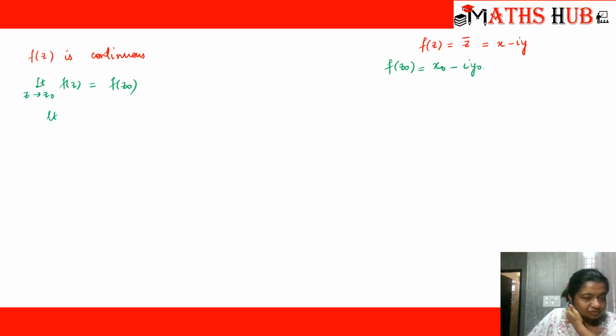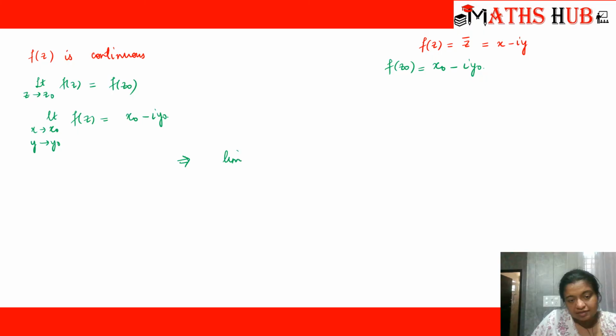So limit z approaches z naught means x is approaching x naught and y is approaching y naught. So when we put these values in f of z, we will get x naught minus iota y naught. So can we see that limit x approaches x naught, y approaches y naught, f of z is equal to f of z naught, and hence this is continuous, isn't it?